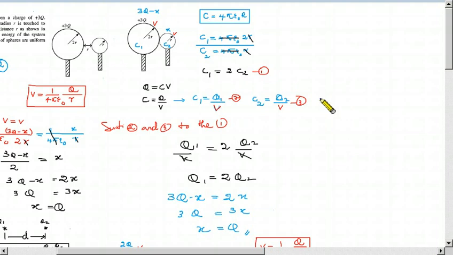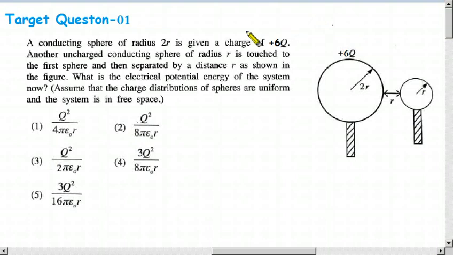So children, now let us go to the target question. I changed the data of this problem, and here is your target question number 1. Read the question carefully, and without watching my solution, honestly try to solve this problem after pausing the video.